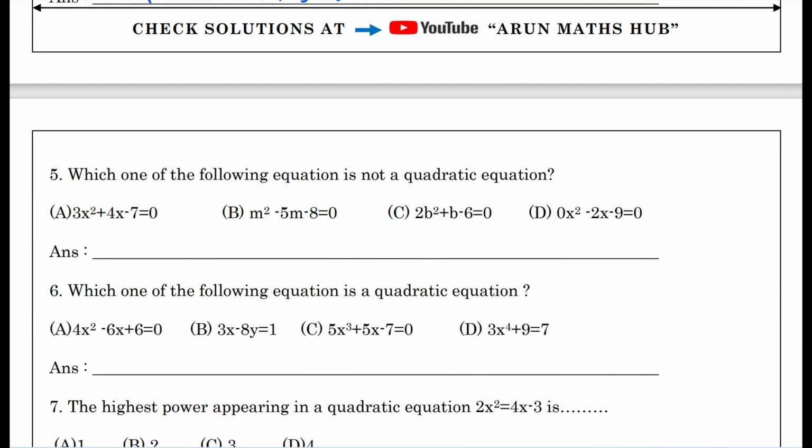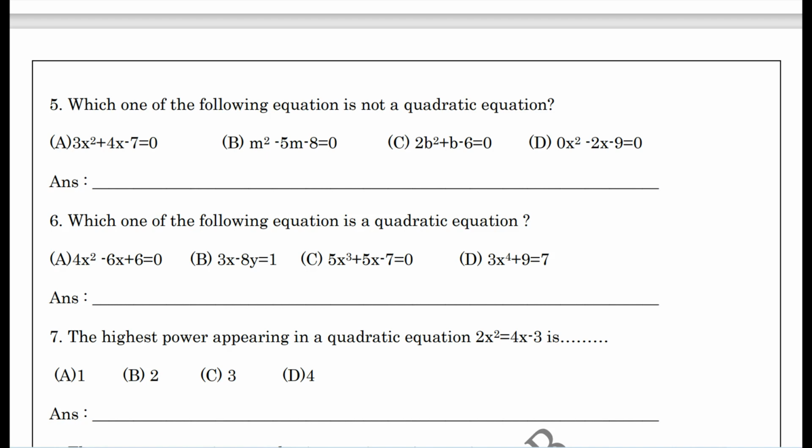Moving to fifth question, which one of the following equation is not a quadratic equation? Right? See, the highest power is 2 here. It is a quadratic equation. Highest power is 2 here. It is a quadratic. What is highest power here? It is 2. It is a quadratic equation. The highest power for x is 2, but 0 into anything becomes 0.